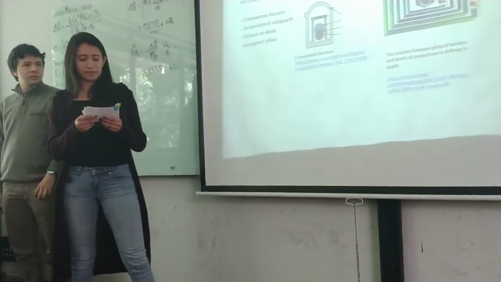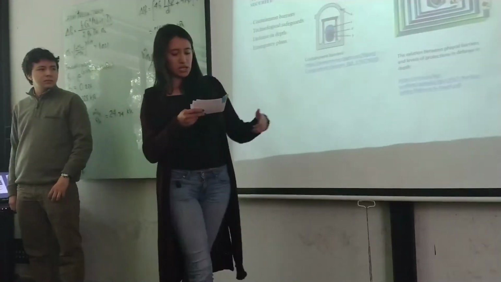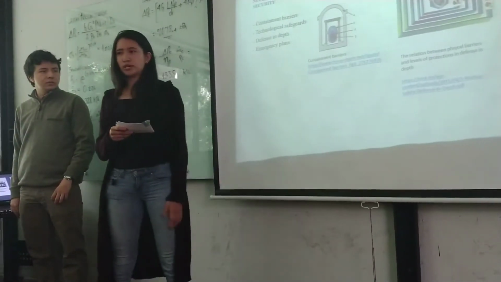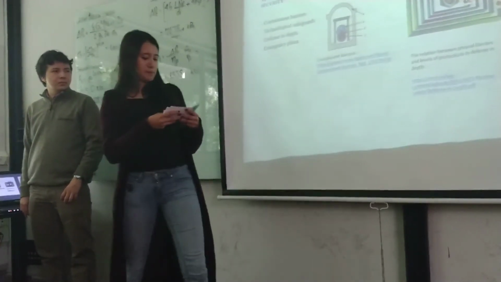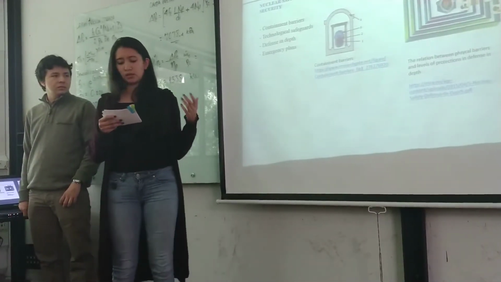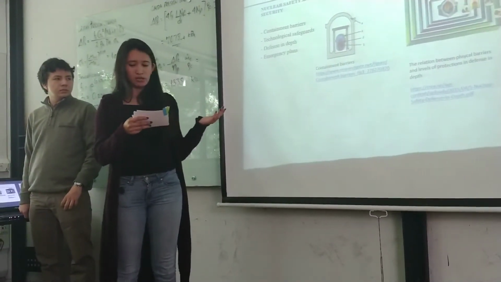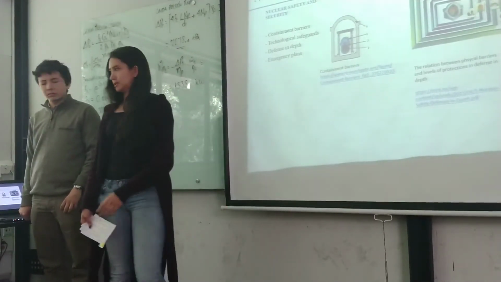This concept is applied according to which successive levels of protection are established. And finally, the emergency plans. The emergency plans are the last level of protection that can be counted on in case of failure of all barriers to contain a radioactive substance.